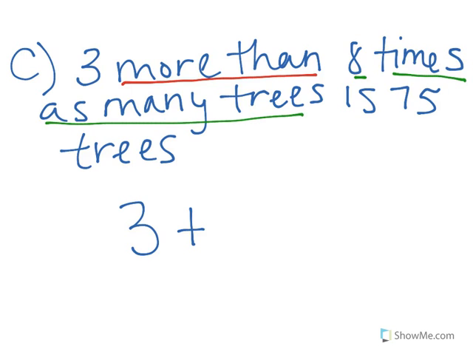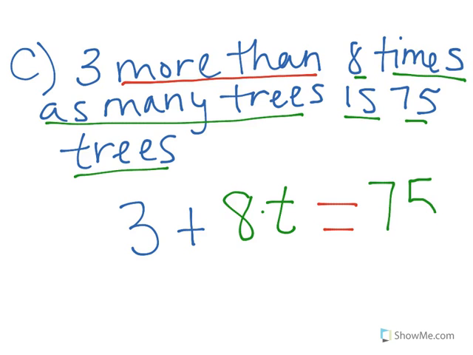So I'm going to say 8 times the amount of trees that I have is, so that's going to be equals 75 trees. I'm going to put a circle around the plus sign because this is not a T, this is an adding. So 3 more than 8 times the amount of trees equals 75.